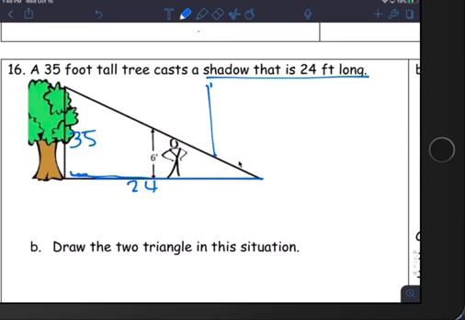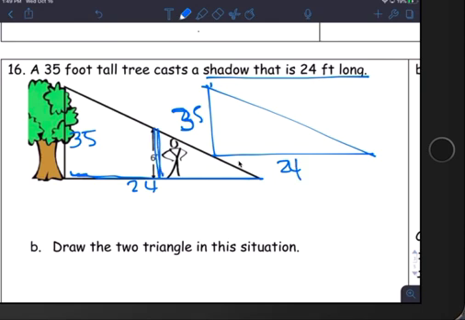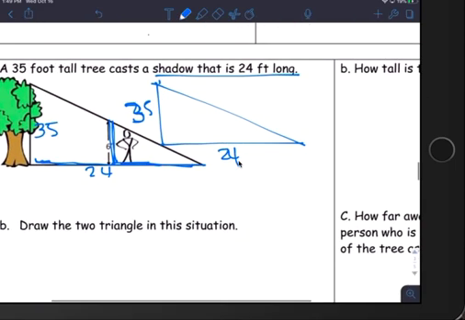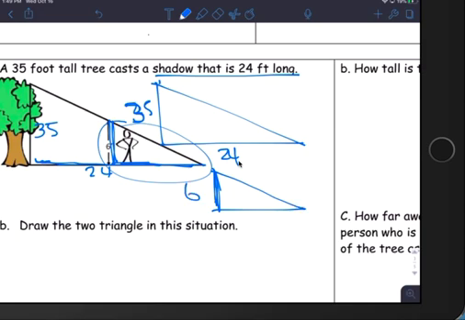So the first one is the big triangle, 35-foot tree, shadow is 24 feet. The person is 6 feet tall. So the little triangle here, 6 feet, and this is X.